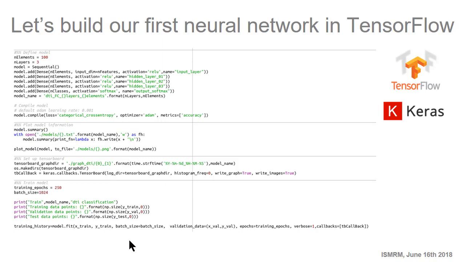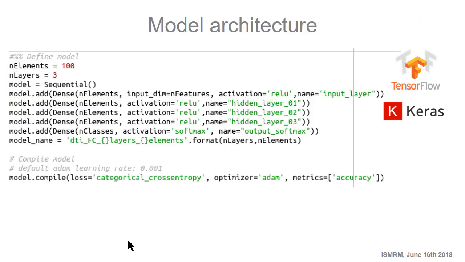Same thing in TensorFlow. And this is now the interface with Keras. So we have this high-level view. Again, we just add our dense layers, as they call it in Keras, and put our model together. Then there is this functionality that Keras provides. It's called model compile.